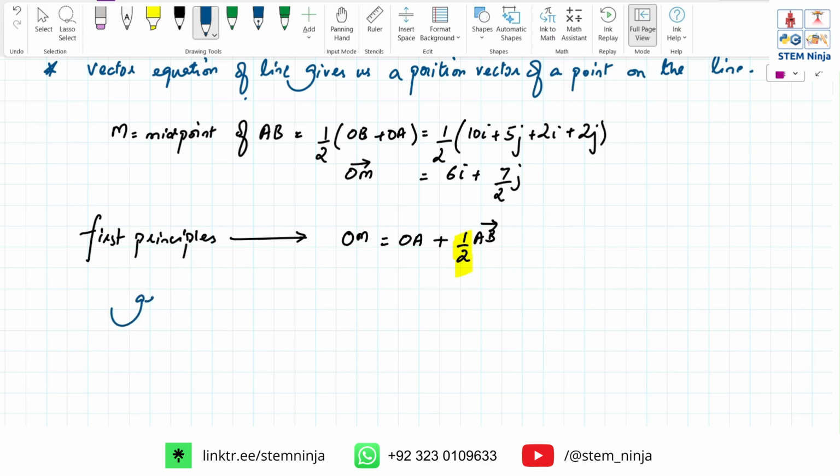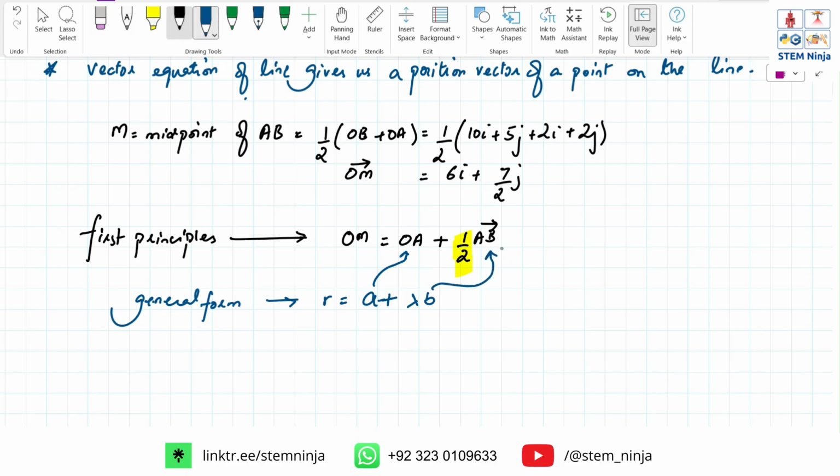So now the general form of this particular line becomes R is equal to OA plus lambda B. So A is our position vector of the point on the line.